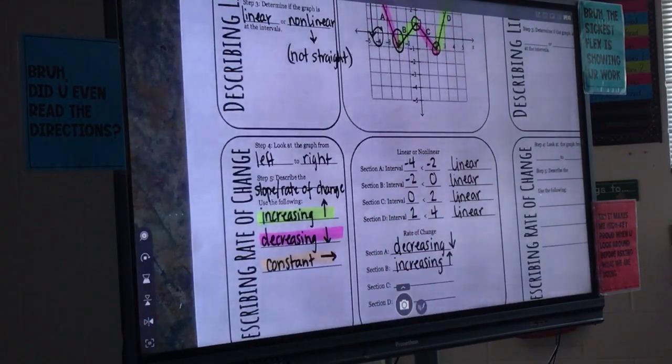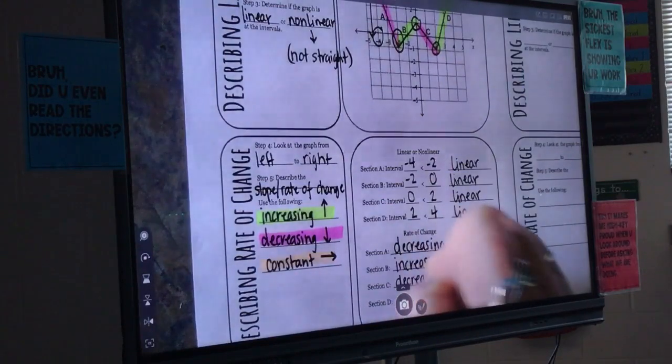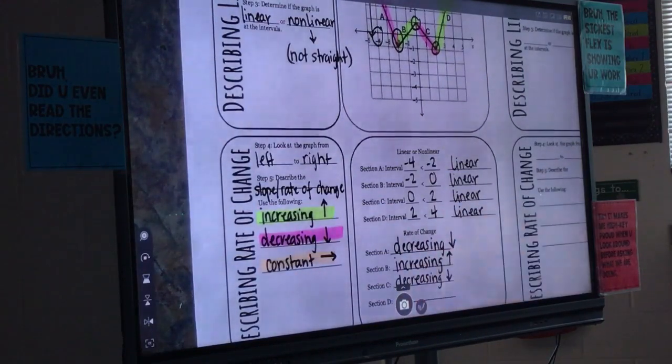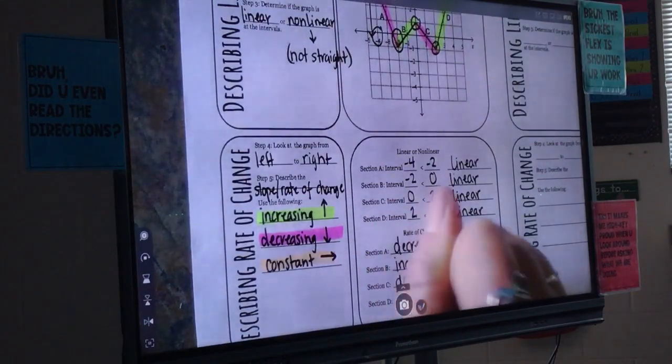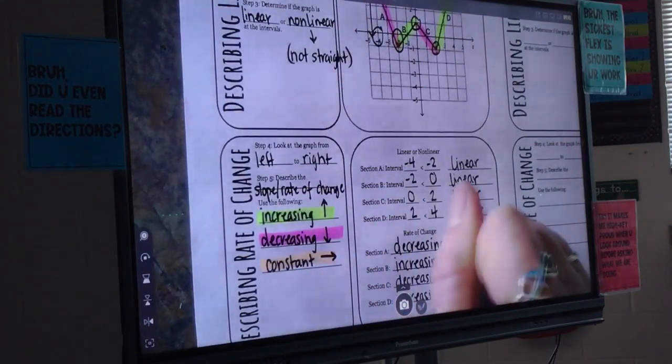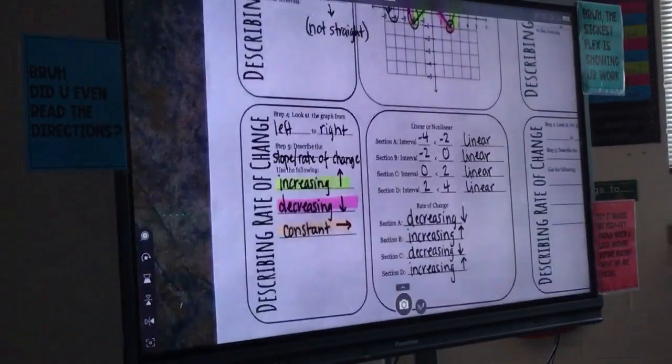Section C, decreasing, and section D. All right, thumbs up if you're good to go and we can move on.